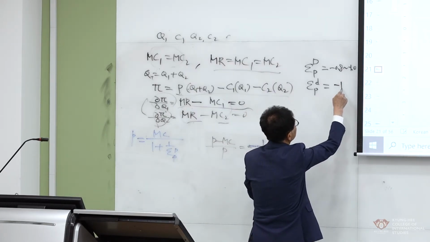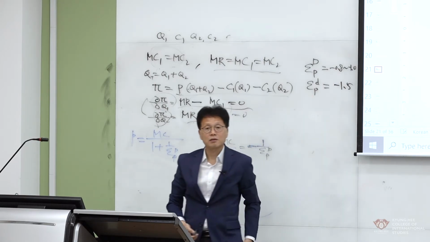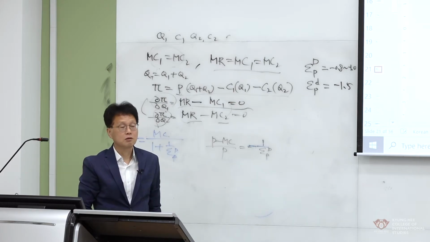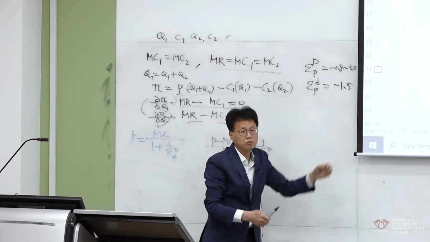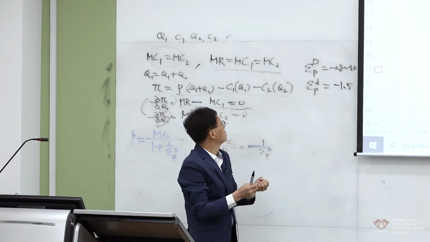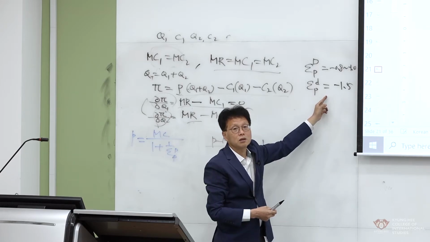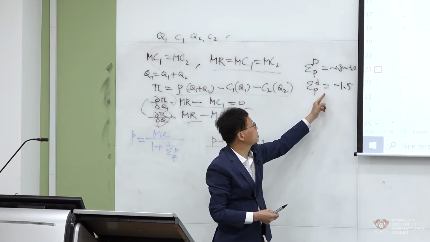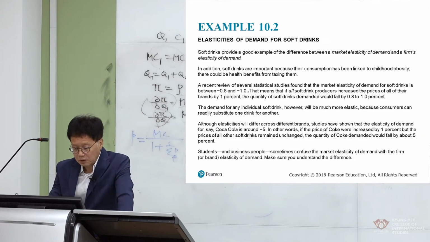Coke's individual price elasticity of demand is much larger in absolute value than market demand. Why? If Coke increases the price, then consumers demand, for example, Pepsi rather than Coke. So substitution happens. So the firm's elasticity is larger than market elasticity.